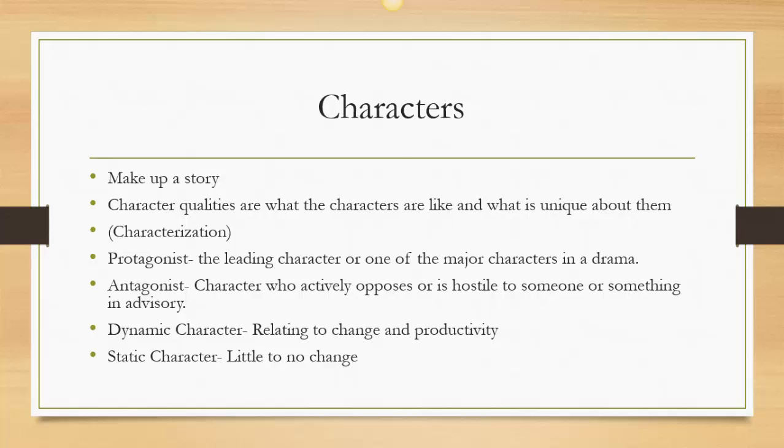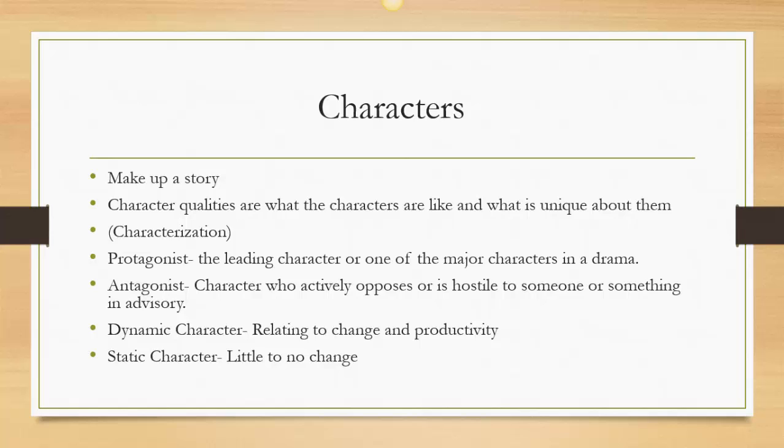Next is characters. Characters are important, and they have to be identified at the beginning of a story. So characters make up the story. Characters' qualities are what the characters are like and what is unique about them. And that is usually described as characterization.